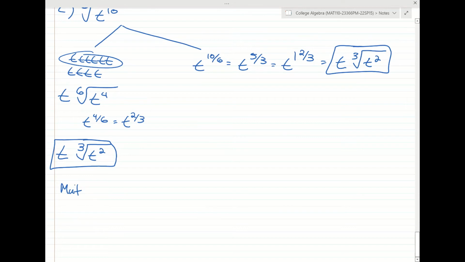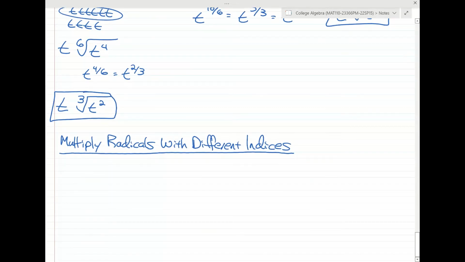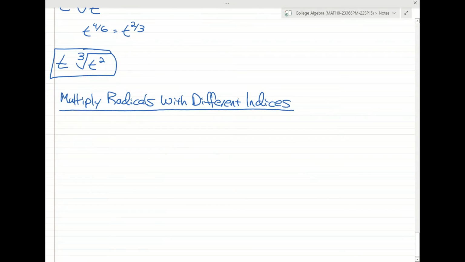Go over how to multiply radicals with different indices. I'll just show you a couple of these.